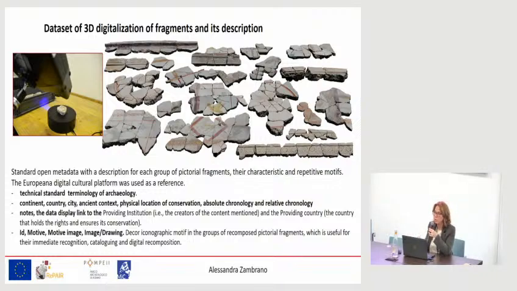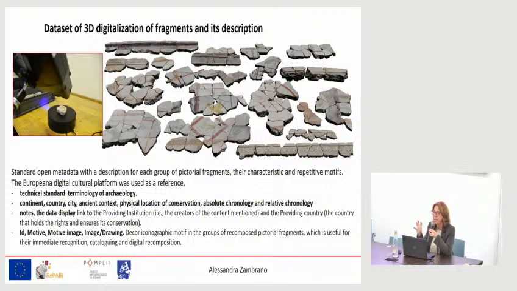such as the location where it's found, who is the providing institution that has this fragment, and the providing country where the fragment is located, as well as an identification number, the motives, the iconographic images, all the information.